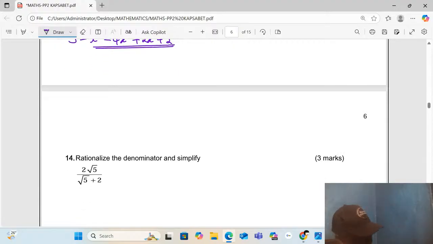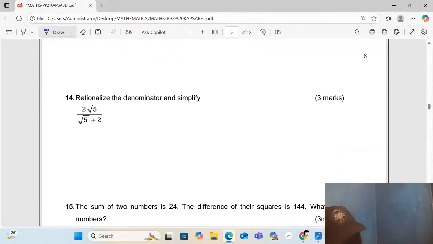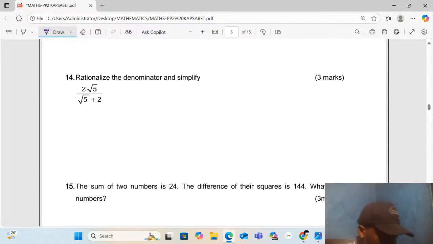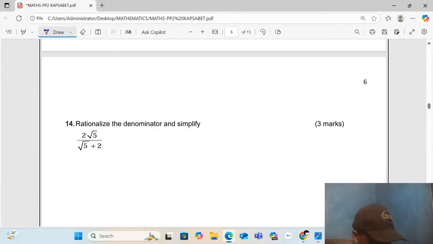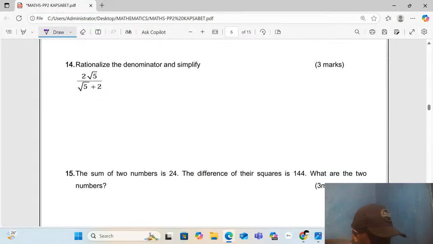The next question, that is 14. Rationalize the denominator and simplify. We looked at this on rationalizing the denominator.